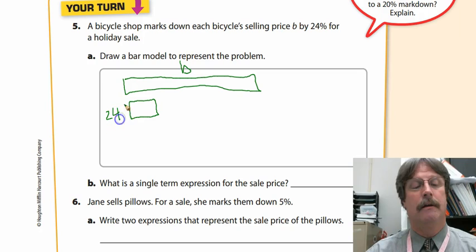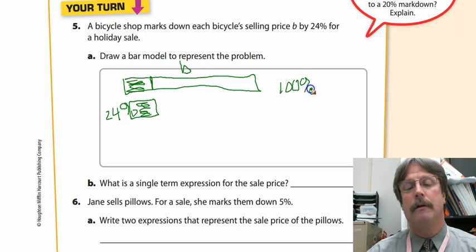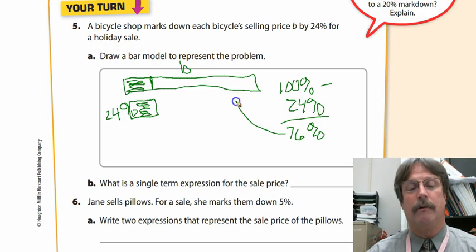So then this is going to be subtracted right here. Okay, so this amount is this amount. So if we take 100% minus our 24%, then we're going to come up with 76% is what's going to be left. So that's what represents this amount right there. That bar is going to be 76%.